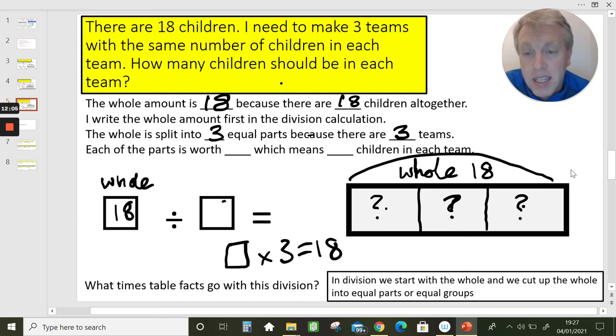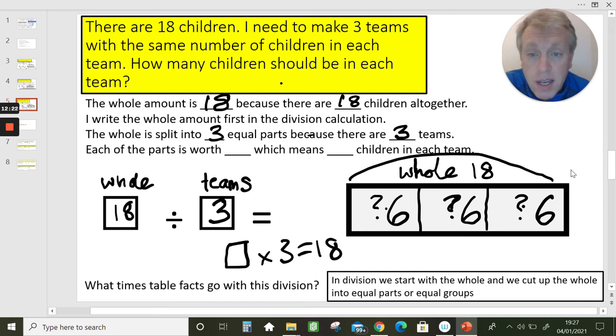It's 6, isn't it? So I'm going to put 6 in here. 6 children in the first team, 6 in the second team, 6 in the third team, 18. The whole amount split into 3 teams, 3 parts, 6. 6 doesn't mean just 6, it means 6 children in each team of 3.